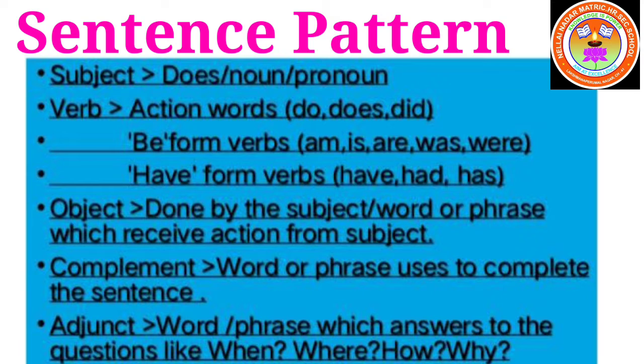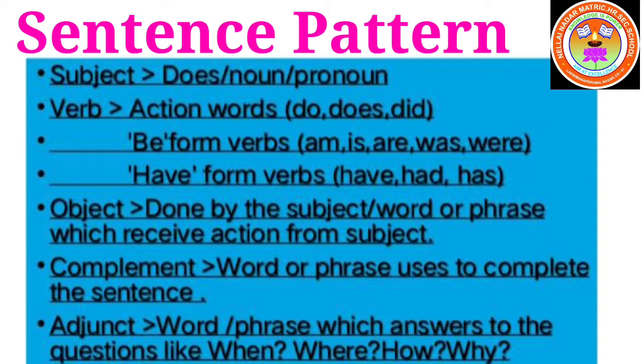So sentence pattern means there are a few elements in the sentence, like our human body: we have head, neck, chest, abdomen, thigh, knee, calf, ankle. We have some parts in our human body. The same way, the sentence has a few elements like subject, verb, object, complement and adjunct.